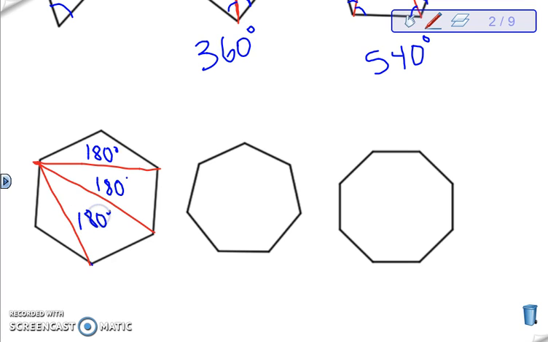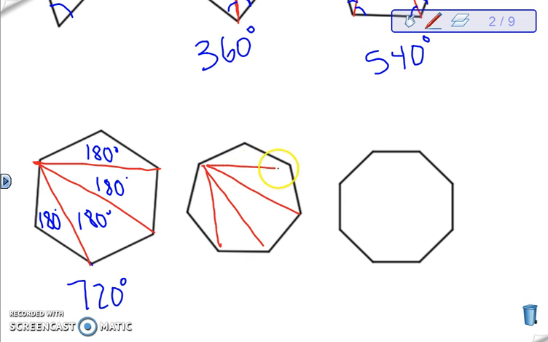So hopefully we're picking up on the method that we're using, and we're noticing the trend here for each additional side that we add and how that affects the number of triangles. So this guy would be 720. Notice now we have 5 triangles, so it's going to give us 900 degrees.